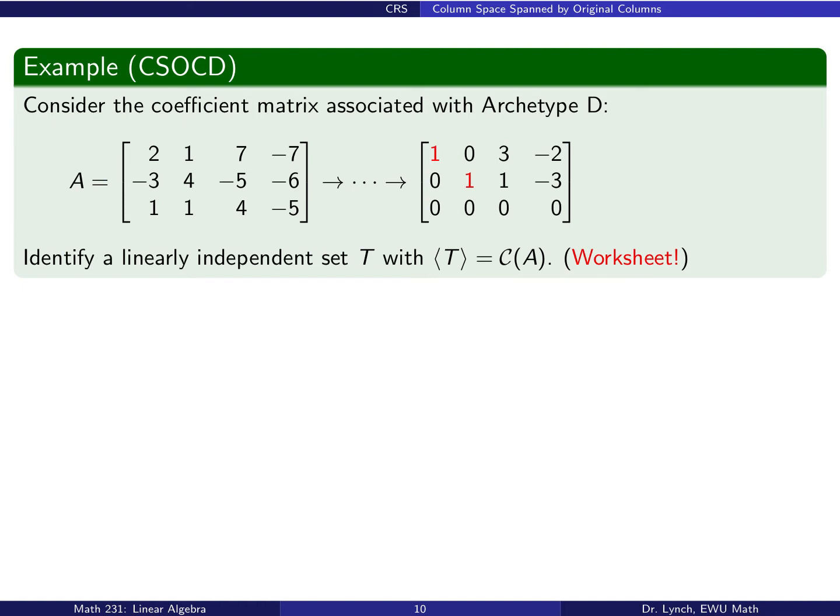The coefficient matrix associated with archetype D, which we've seen before, has reduced row echelon form given here.